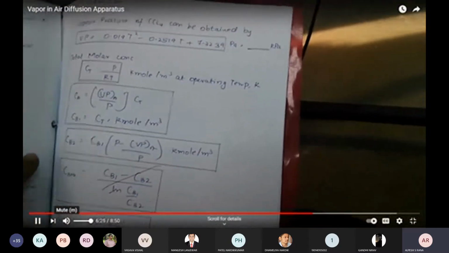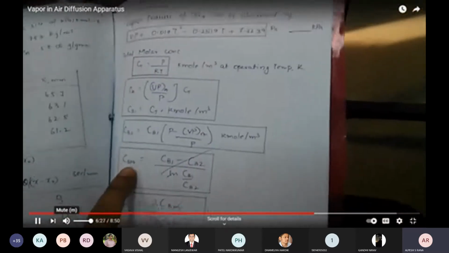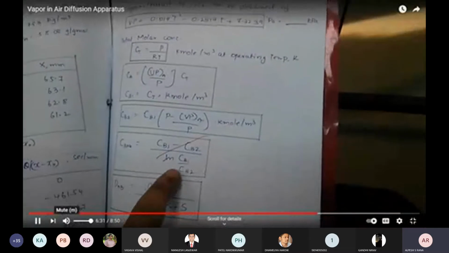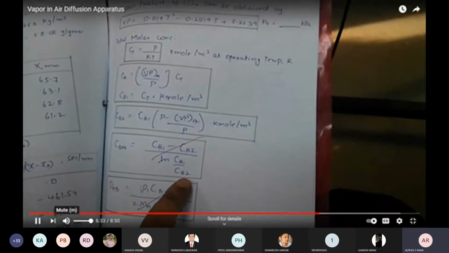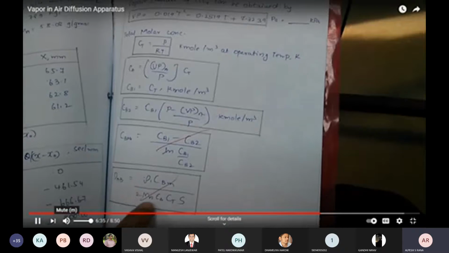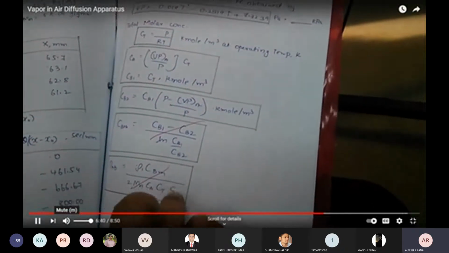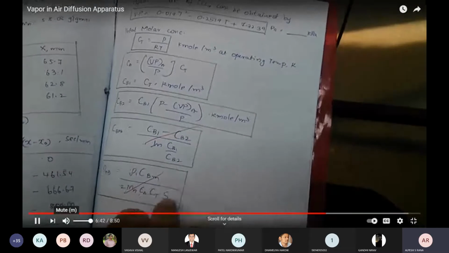Then you have the relation for CBM, which is CB1 minus CB2 divided by natural logarithm of CB1 by CB2. So all of these terms are calculated using the relations. Finally, what is left is S. S is the slope, which is to be obtained by drawing a graph, right?